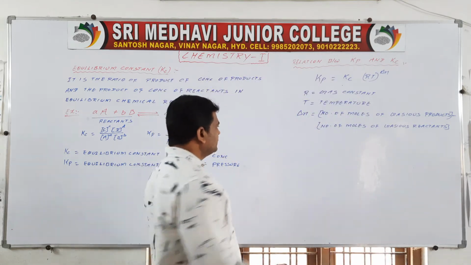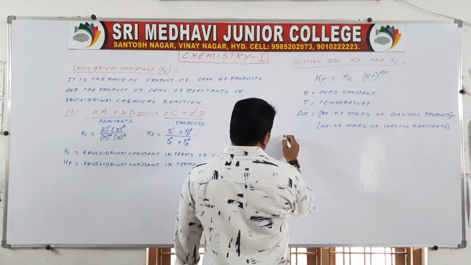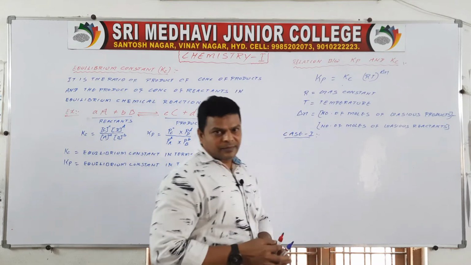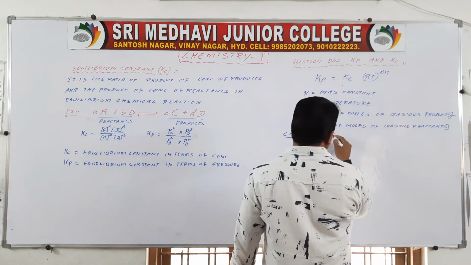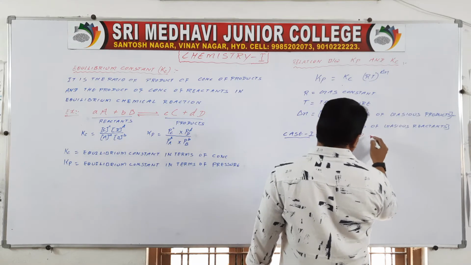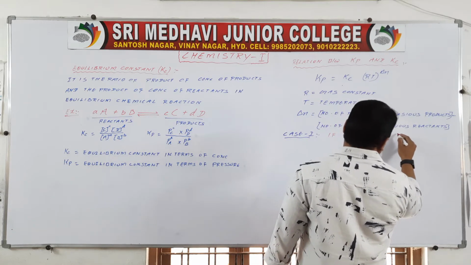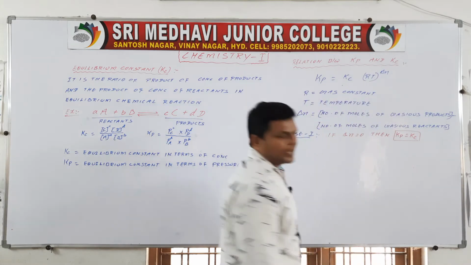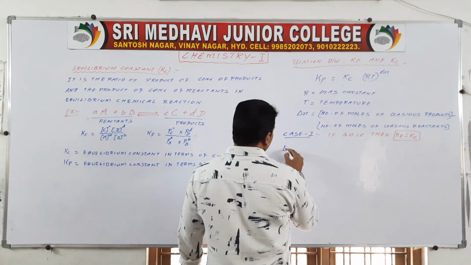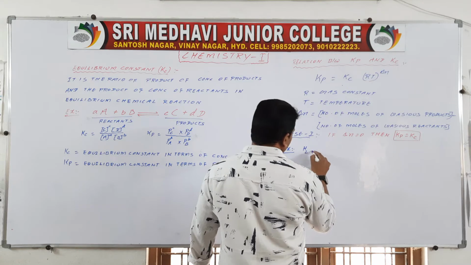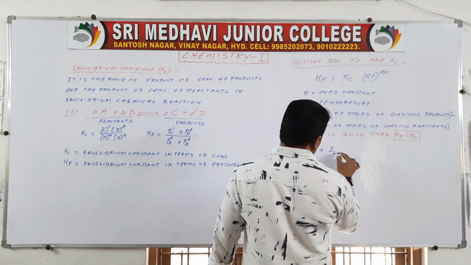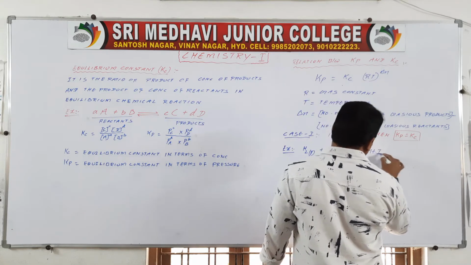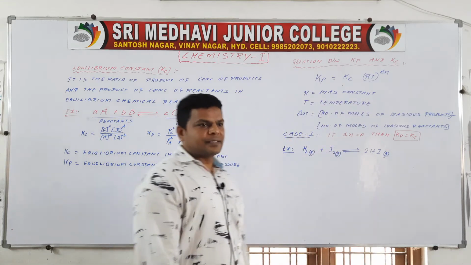See case 1. If delta n equals 0, then Kp equals Kc. For example, H2 gas plus I2 gas gives rise to 2HI gas.